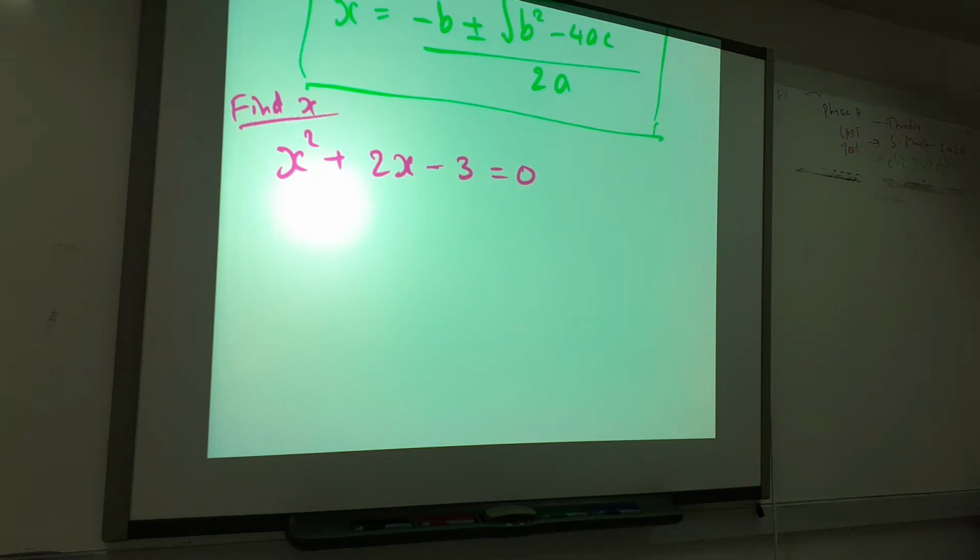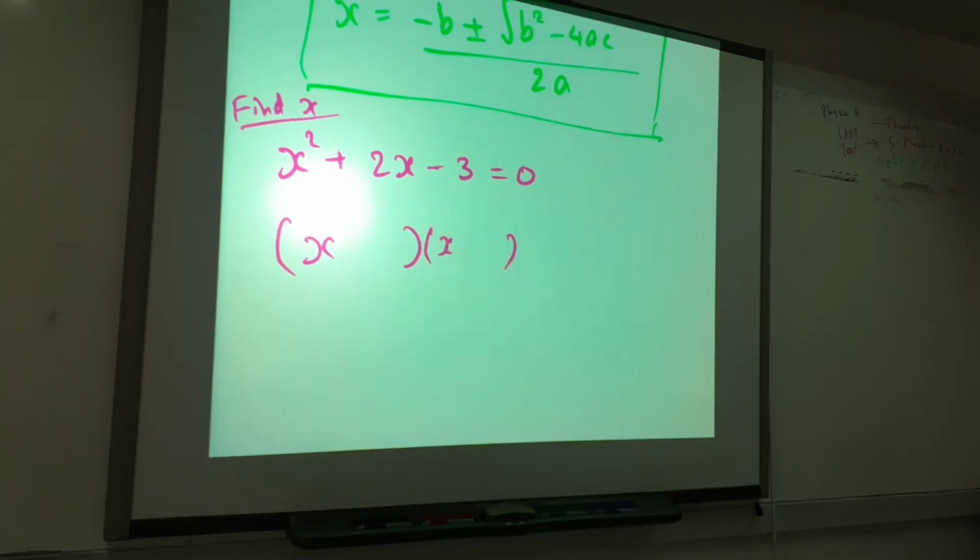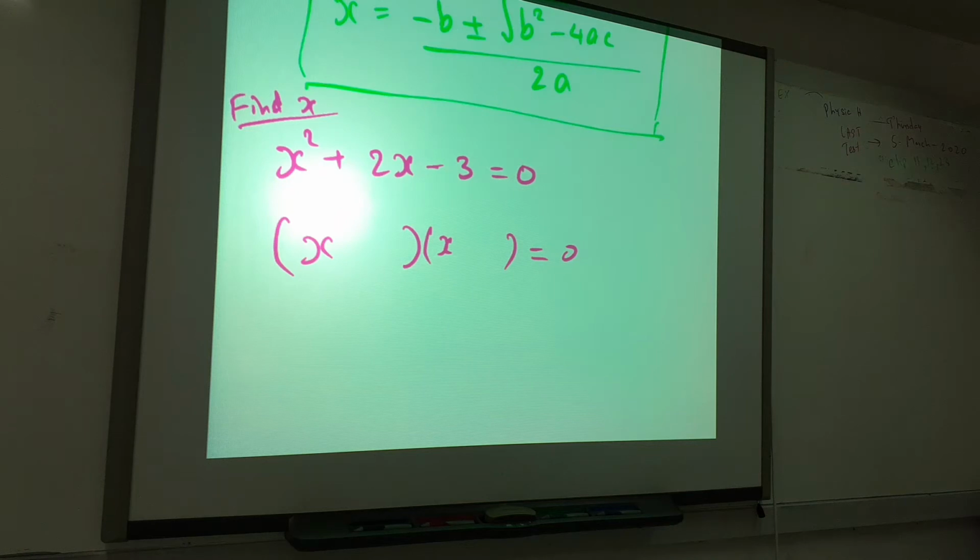How do we find x? Factor into two brackets: x and x. Now think of two numbers that multiply to give negative 3 and add to give positive 2.